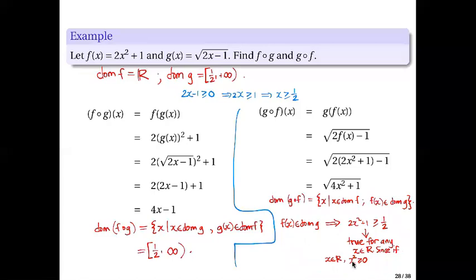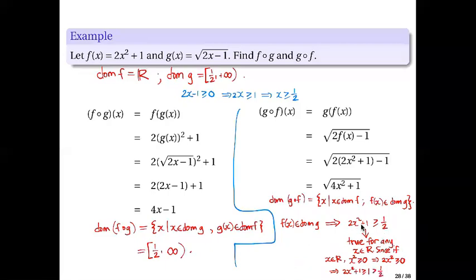Your x squared is greater than or equal to 0. And this implies that your 2x squared is greater than or equal to 0. And this implies that your 2x squared plus 1 will be greater than or equal to 1. And 1 is greater than 1/2.